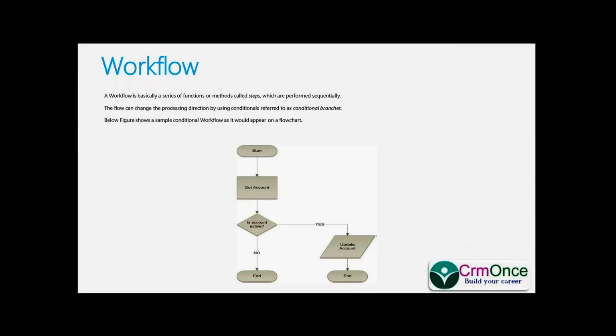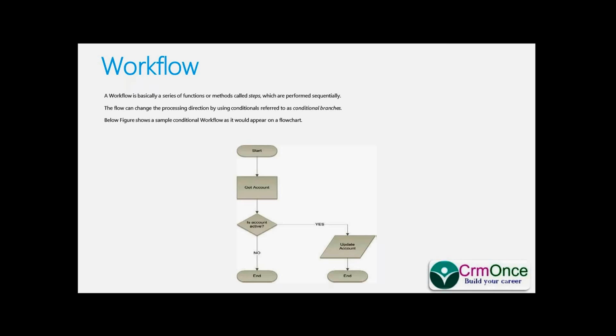So the first thing, what is a workflow? A workflow is basically a series of functions or methods, called steps, which are performed sequentially. So I can say a workflow is a sequence of methods which can be executed sequentially.